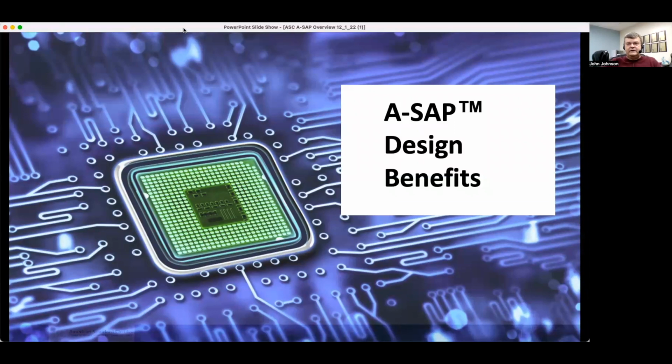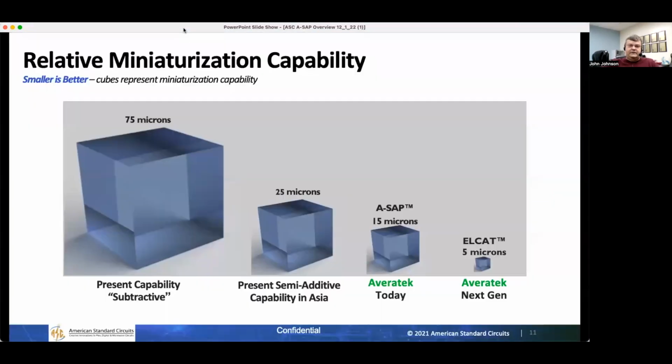But when you're designing with A-SAP, what you really need to focus on is using that ultra fine line width technology first, and then going to the other aspects, maybe using just staggered microvias or several levels of staggered microvias, and then going to, if you really have to, a stacked microvia. And that gets away from some of the reliability traps we've had to deal with because we couldn't get to those ultra fine lines. Okay.